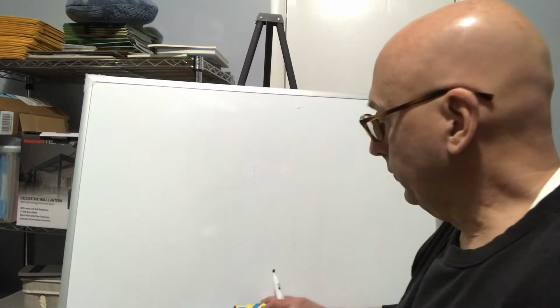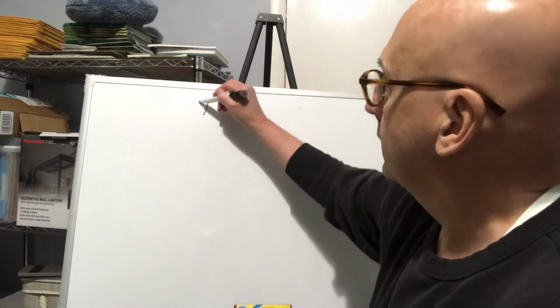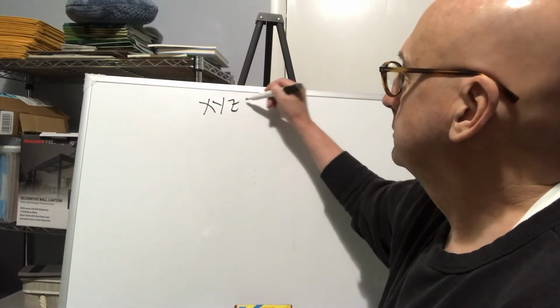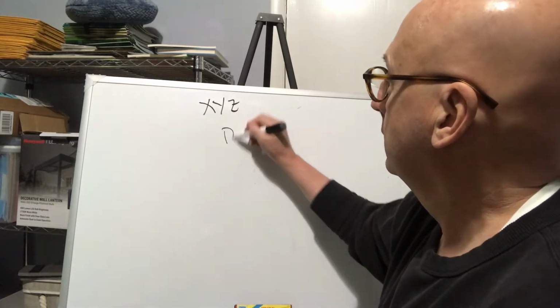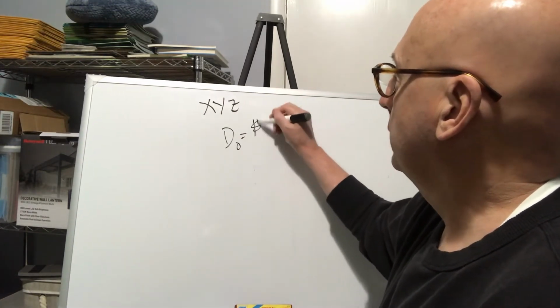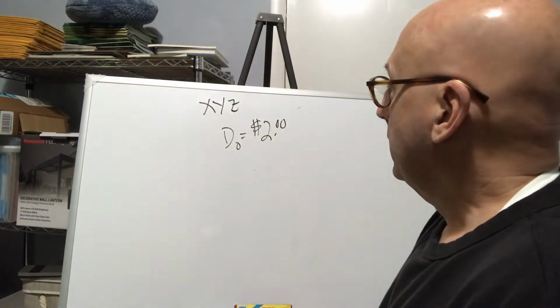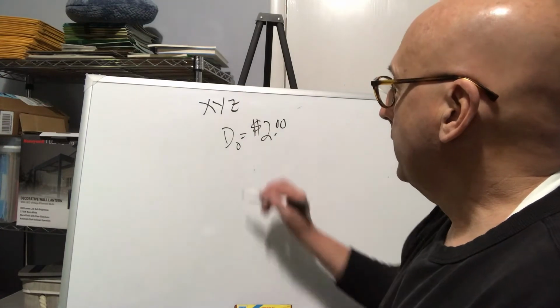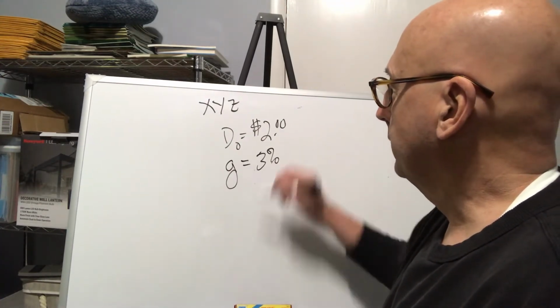Let's suppose that you have this information. Company XYZ has just paid a dividend of $2. Okay? And we expect that dividend to grow at a 3% rate.